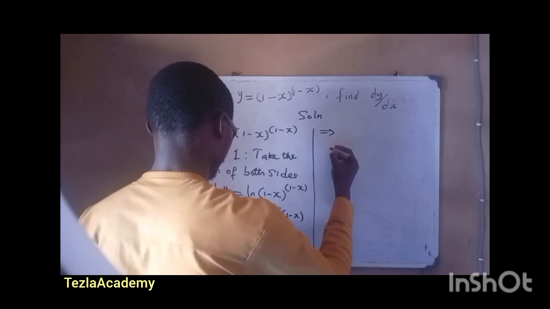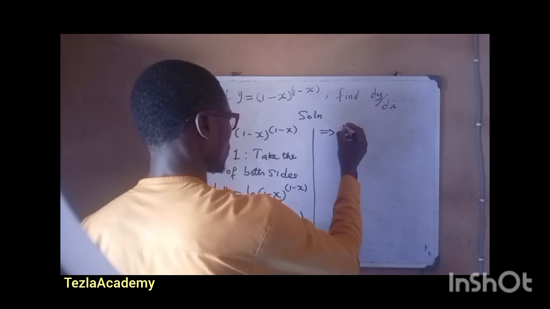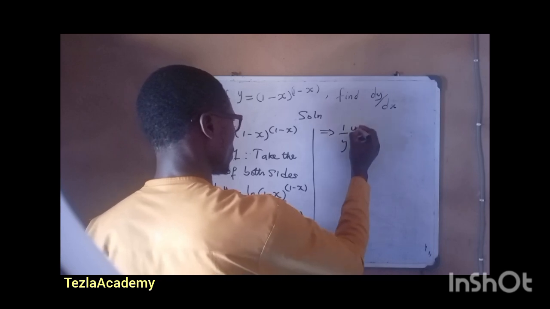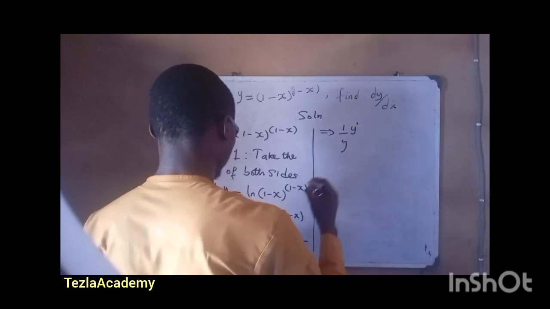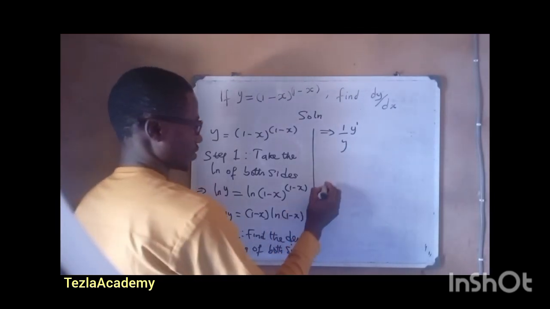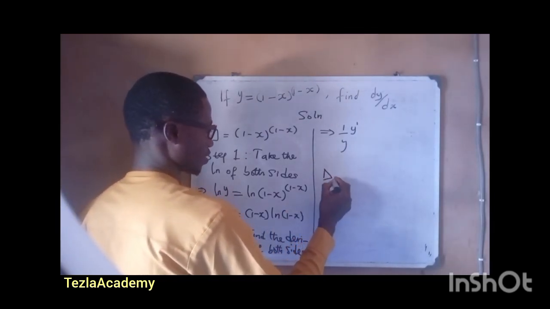That implies 1 over y times y prime. This is because we're differentiating ln y. If you differentiate ln y, it's 1 over y. So this is how it is given.